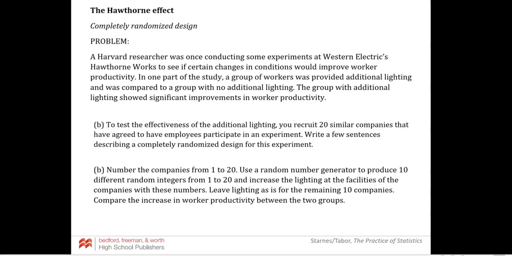I think this is better because now everyone in that same company had the lighting increased. I think it's just a better way to do this and see what happens. And so you're going to measure the outcomes and see if maybe the additional lighting does make a difference. Now we have a better designed experiment to do that. That's your lesson for today.